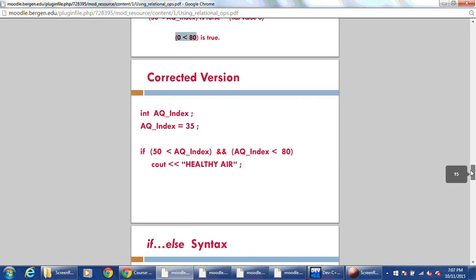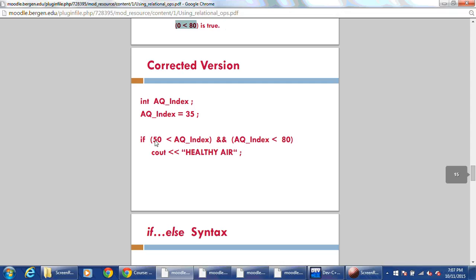So the correct version would only write healthy air if the AQ index is greater than 50, so it's between 50 and 80, right? When I say between, you're saying from one border to another border, from one min number to another max number. And when we're doing that, the best way to do it is to use an AND statement.